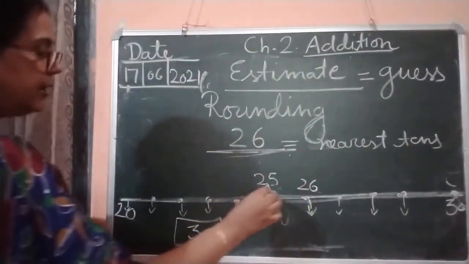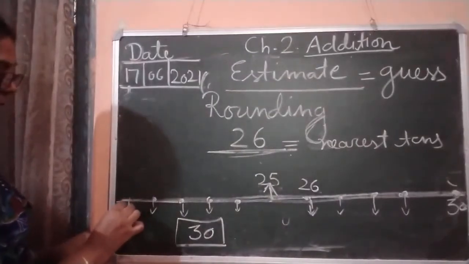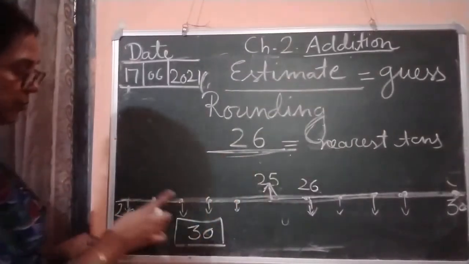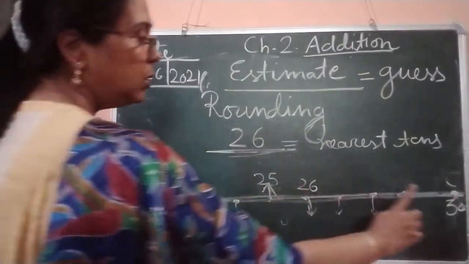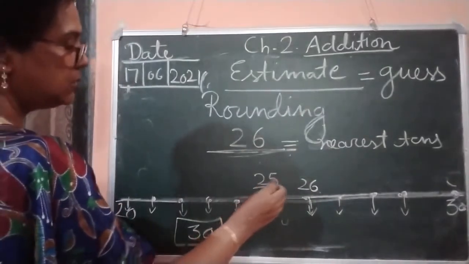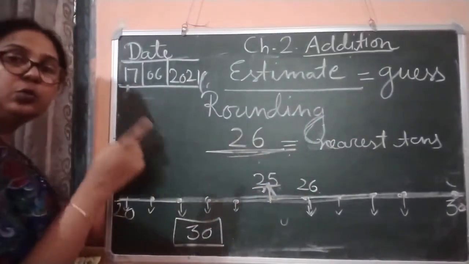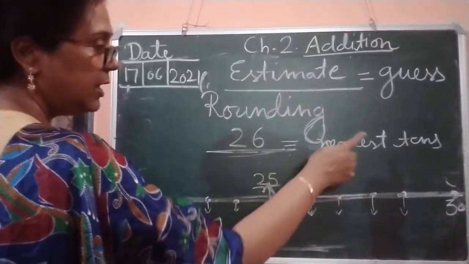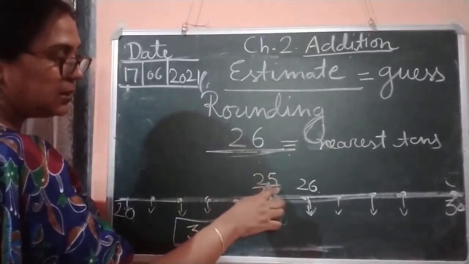So how can we write it? We just draw a line, and because this is 26, it will come between 20 and 30. Okay, so this is the middle number. What we will see is that this is more than 25. To find the nearest tens place, we have to see the ones place first.